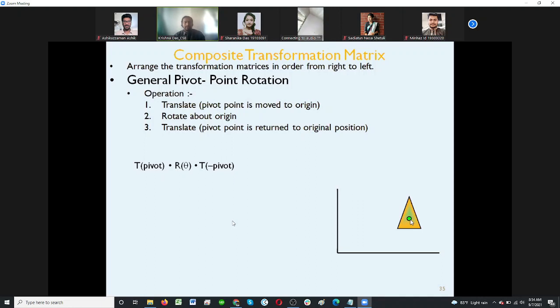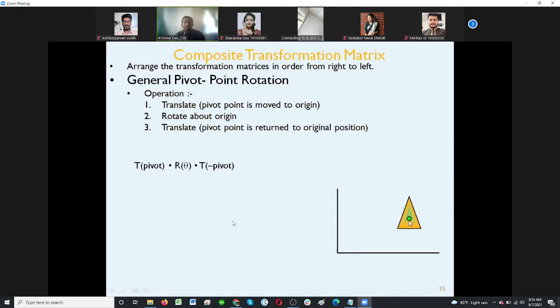So if I need to do that, what I have to do is move that pivot point, the pivot point I'm defining, to my origin. If I move that point to my origin, then in respect of this point, my entire object has to move in here, so that my pivot point becomes the origin.